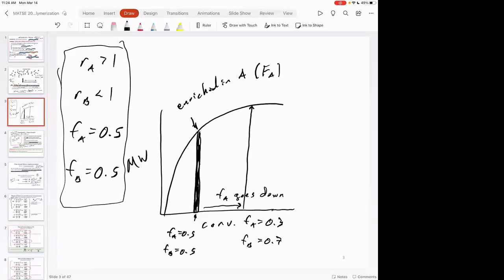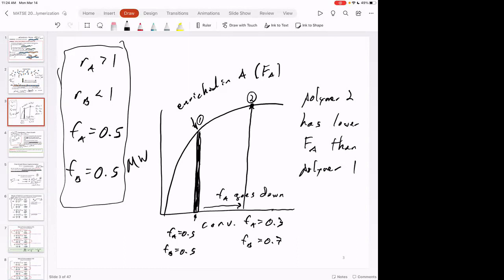Now, RA is still greater than 1 and RB is less than 1, so this polymer will be enriched in A, but it will have less A than this polymer. Let's call this polymer 1, polymer 2. So polymer 2 has lower FA than polymer 1, because small FA has gone down.